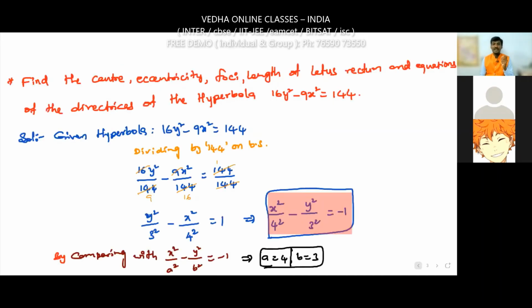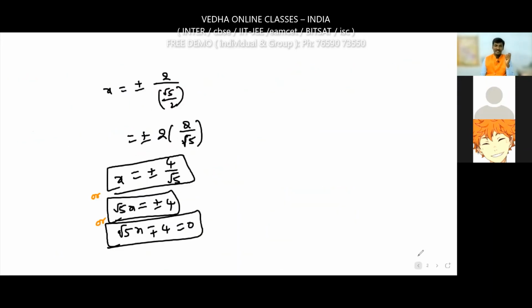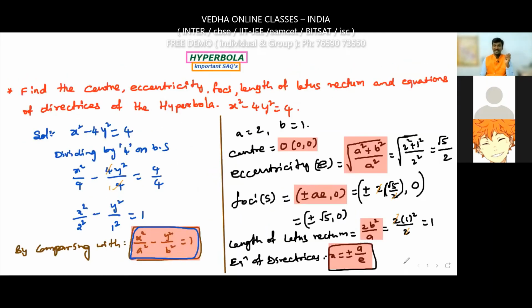After that, what is he asking? Length of latus rectum. In the previous one, the formula was 2b square by a.